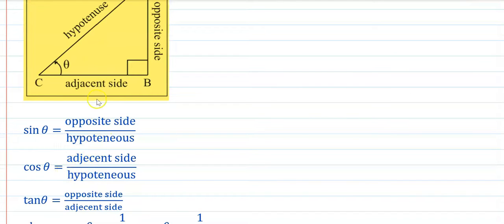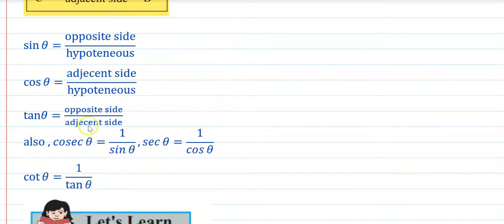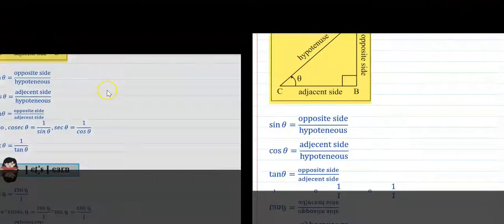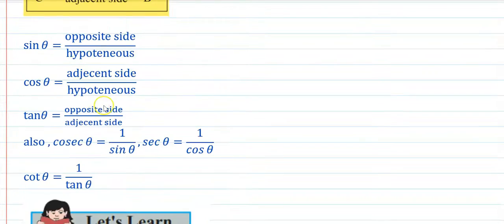Cos theta is adjacent side upon hypotenuse, and tan theta is opposite side upon adjacent side. This you have learned. Next, the reciprocals. The reciprocal of sine theta is cosec theta, or cosec theta is equal to 1 upon sine theta. Reciprocal of cos theta is sec theta, hence sec theta is equal to 1 upon cos theta. Reciprocal of tan theta is cot theta, or cot theta is equal to 1 upon tan theta.